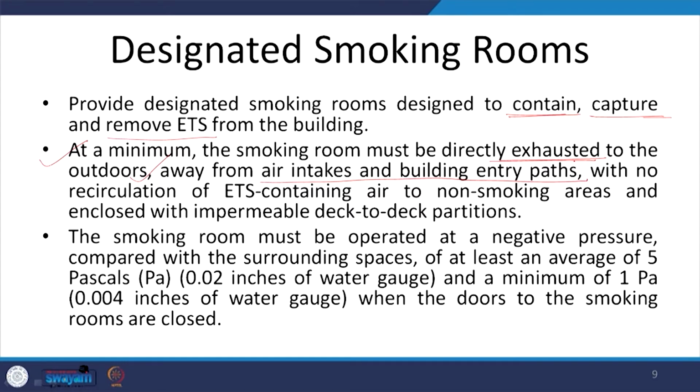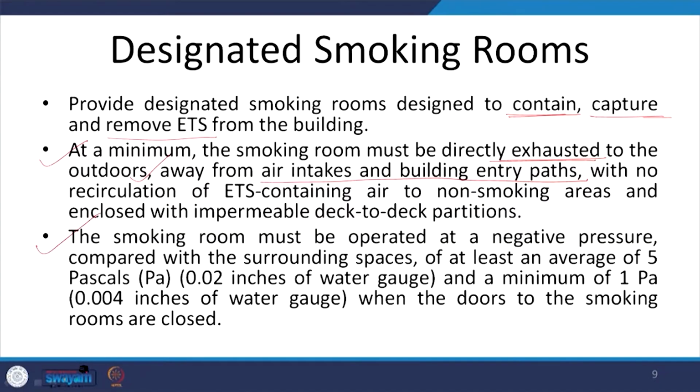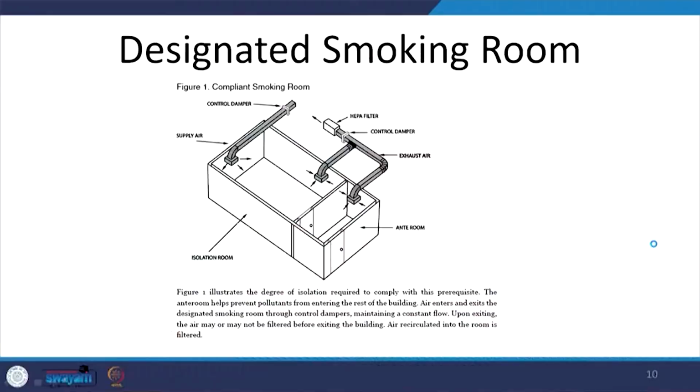There should be absolutely no recirculation of ETS-containing air to the non-smoking areas, so we only exhaust. Also, the smoking room must be operated at a negative pressure, so that at no point does smoke from a designated smoking room go outside and mix into the occupied non-smoking areas. This is a tentative design of a smoking room.